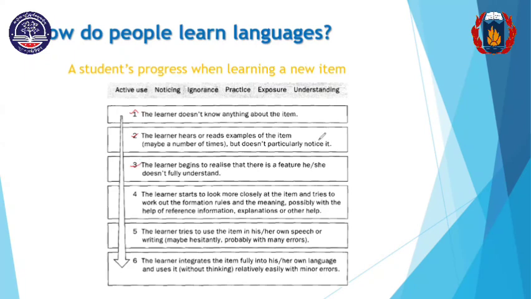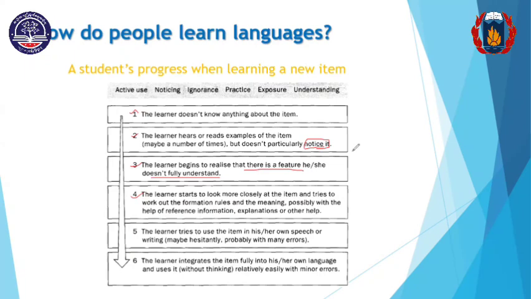So at that time, to fully notice, the learner begins to realize that there is a feature he or she doesn't fully understand. And then the learner starts to look more closely at the item and tries to work out the formation, rules, and the meaning, possibly with the help of reference information, explanation, or other help.